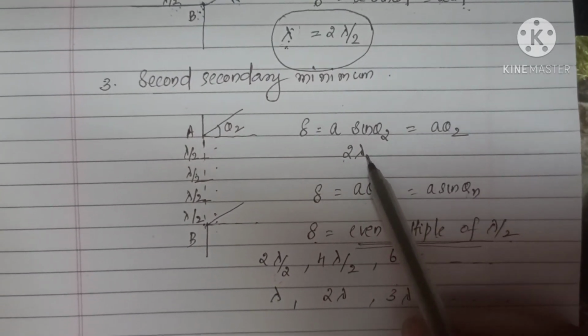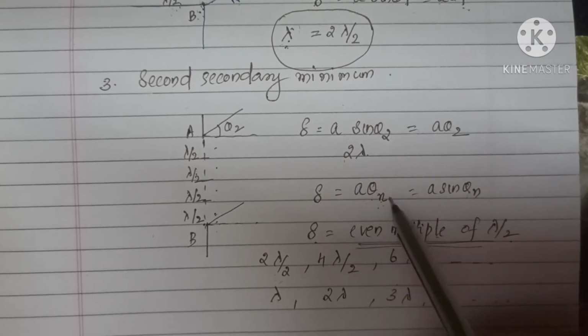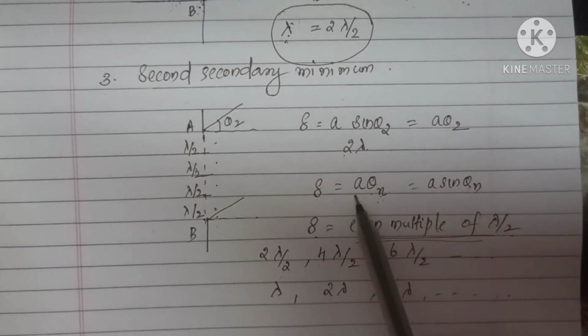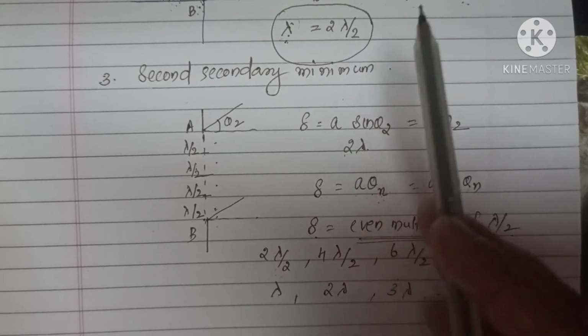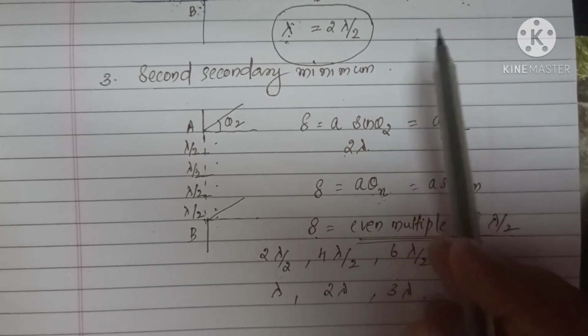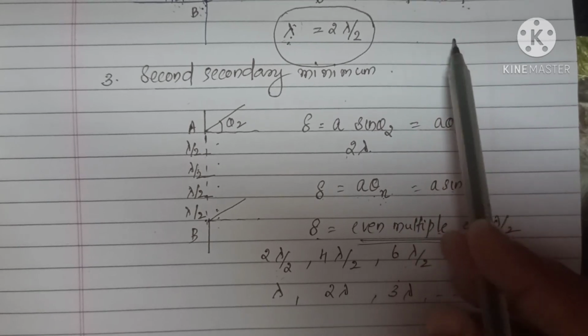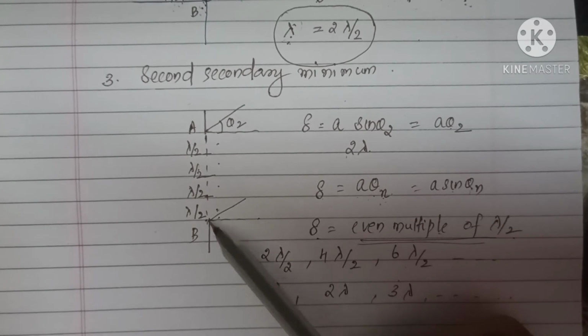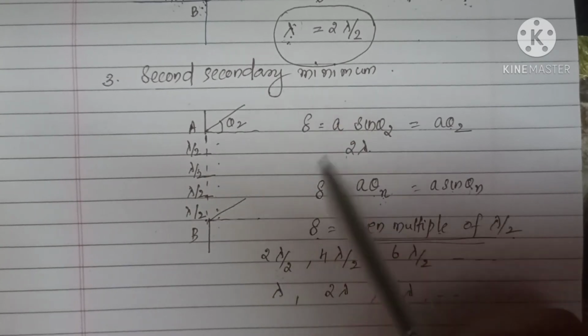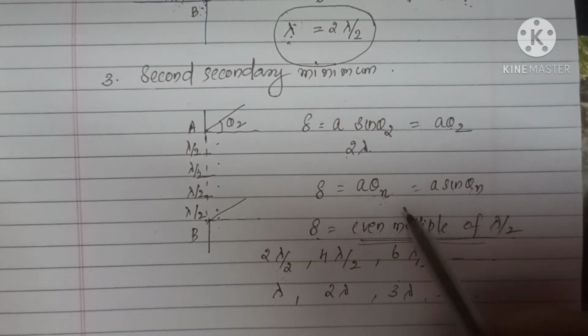So for 2 lambda, delta is equal to a theta 2, and we are assuming a point P2 on the screen, which we call the second secondary minimum, and then we divide this into 4 equal halves having lambda by 2 each. So 4 into lambda by 2 will give you 2 lambda.